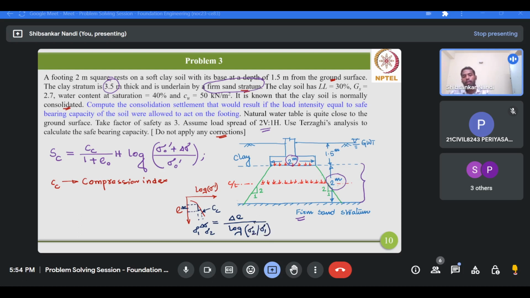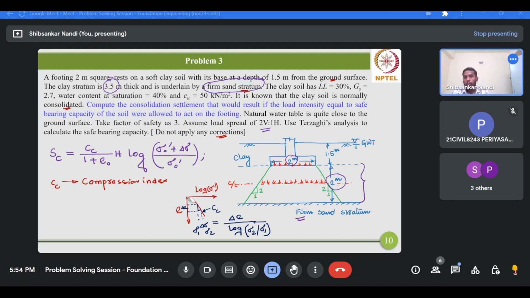This is the negative gradient, since with the application of load, or with the rise of the effective vertical stress, the void ratio is getting decreased. Anyhow, you have to consider the positive value, so delta e divided by log of sigma 2 by sigma 1.